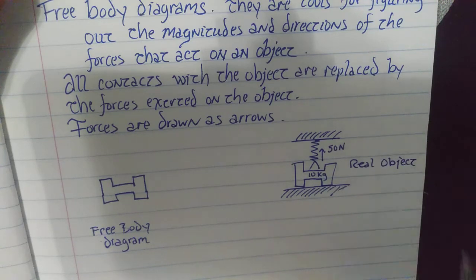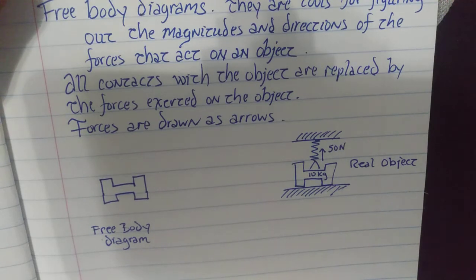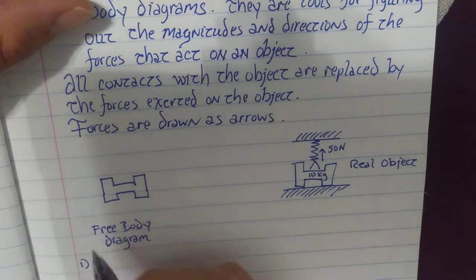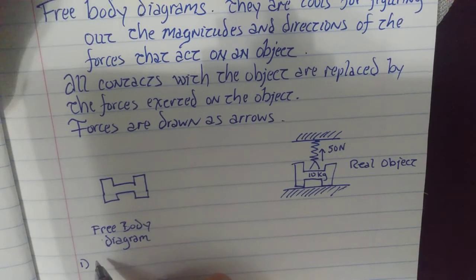So I think there's really only 4 steps that we have to follow. So here's step number 1. Start a free body diagram by drawing an outline of the object.